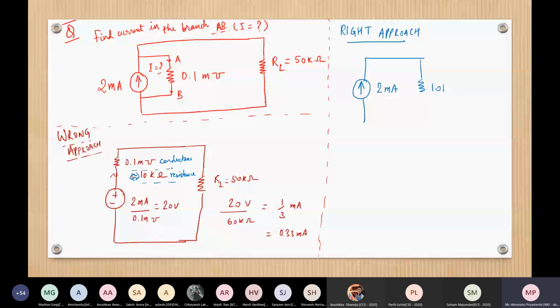These are the same thing, different ways of saying the same fact. So 10 kilo ohm. This is A, B, and this is RL.